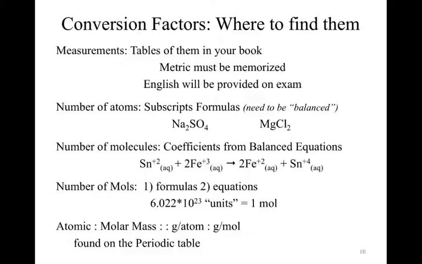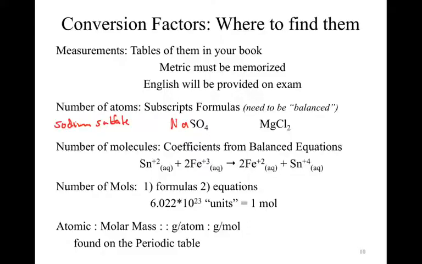If we're trying to convert between the number of different atoms, we can do that when we look at the subscripts in our formula. That said, our formula must be correct. I can't look at the number of atoms in sodium sulfate if I think the formula is just NaSO4.